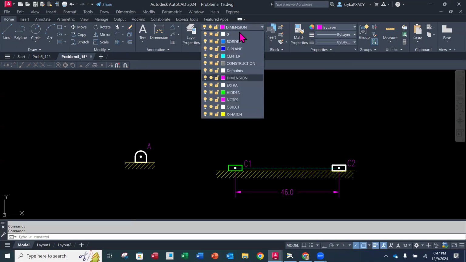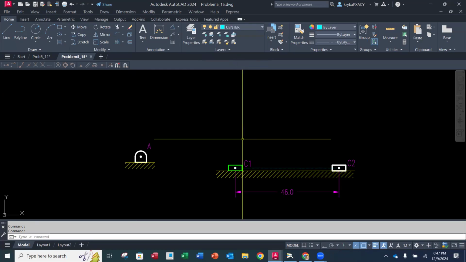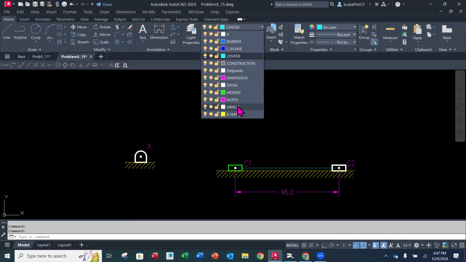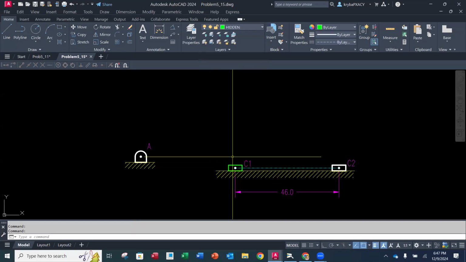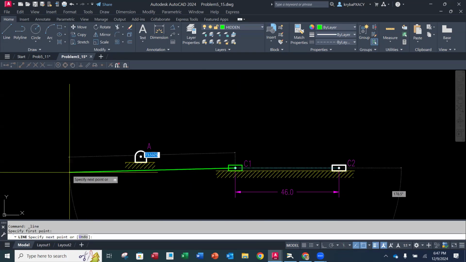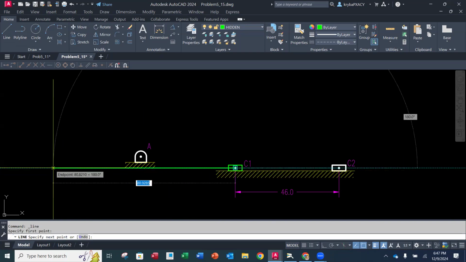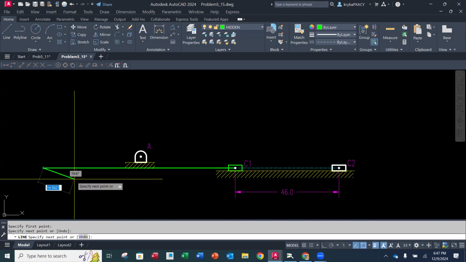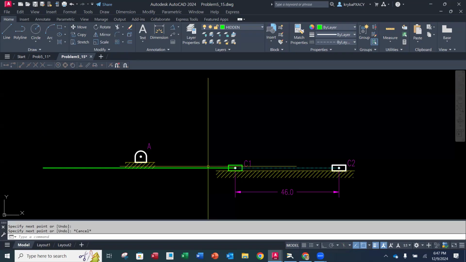So I'm going to use the center line first, because I'm going to be on my C1. I am first going to draw a horizontal line from the center of C1. You should see it snap along here. I just want it to be a random length. This angle that I'm going to rotate is going to be my theta M. So I'm going to do a rotate.